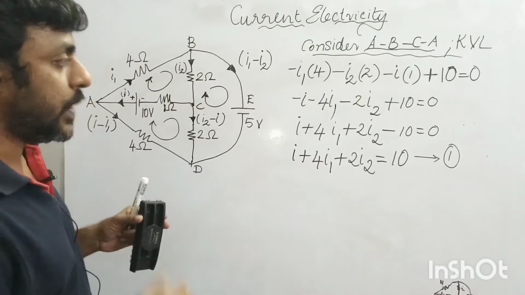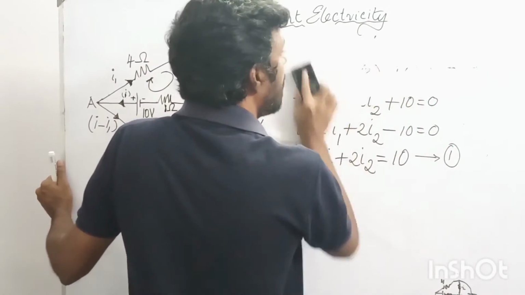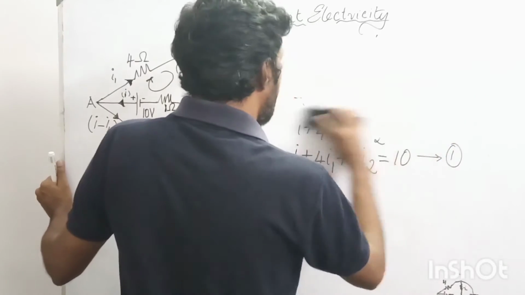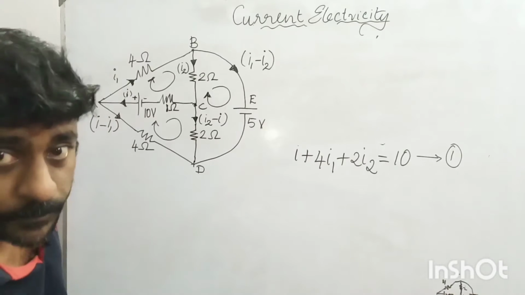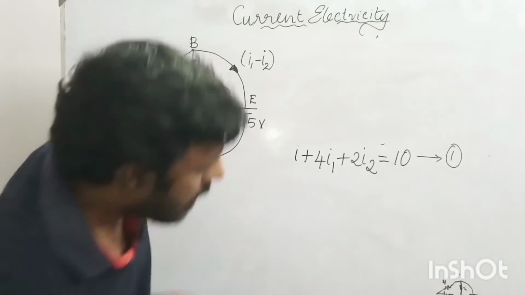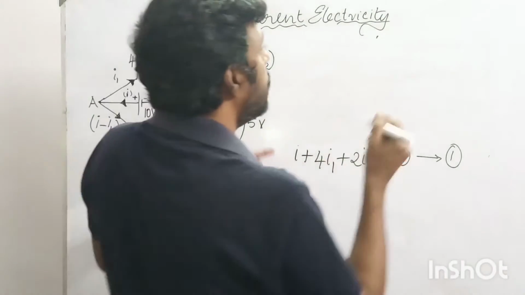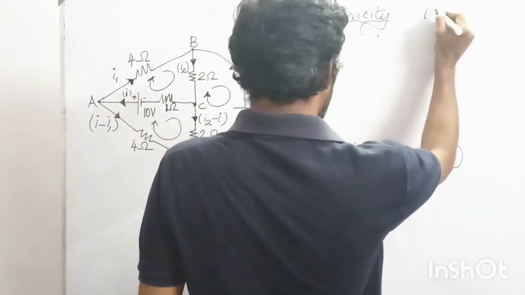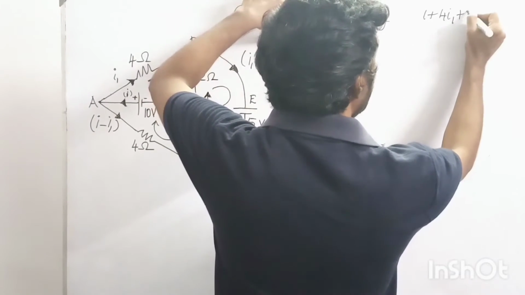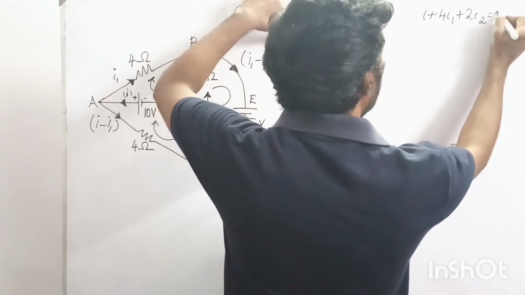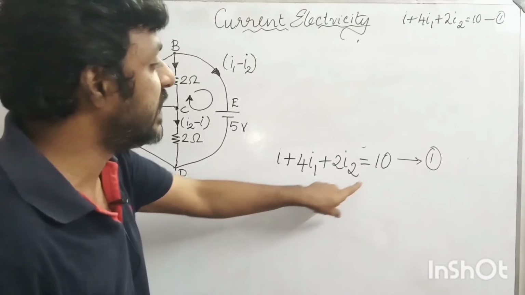So I am erasing this part, the entire part, and I'm going to write this equation here. I plus 4I1 plus 2I2 equal to 10 is equation 1. Okay, I got this first equation.